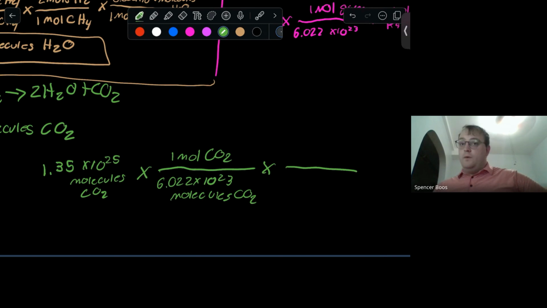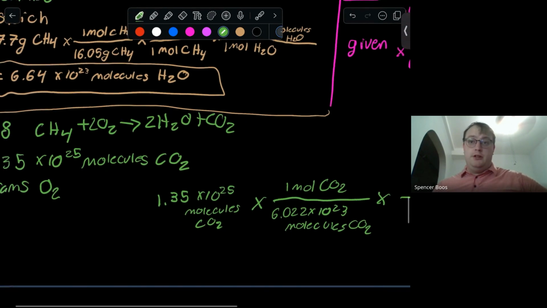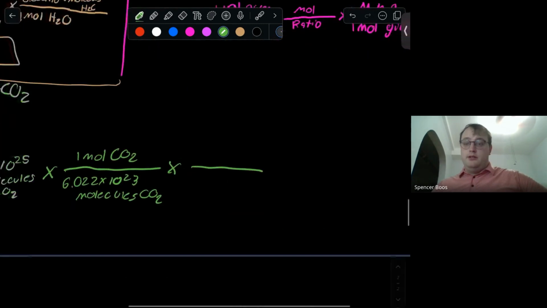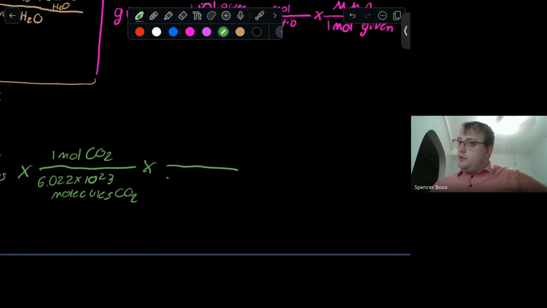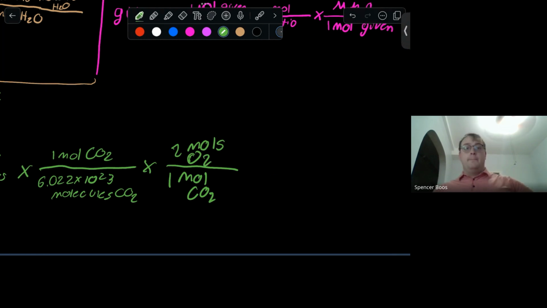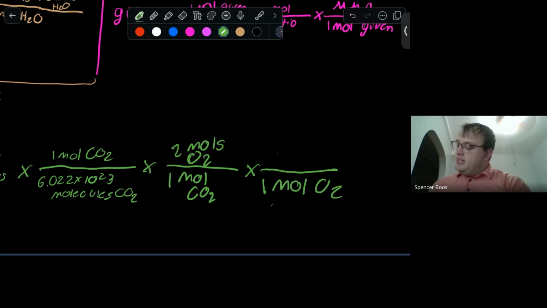I further know that according to my mole ratio, for every 1 mole, I get 2 moles O2. I further know that in every 1 mole of O2, I get 32.00 grams of O2.